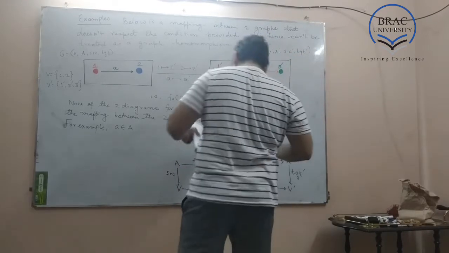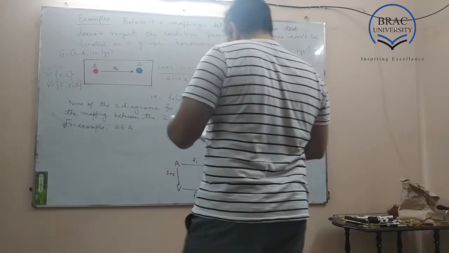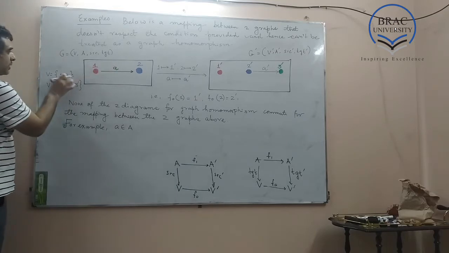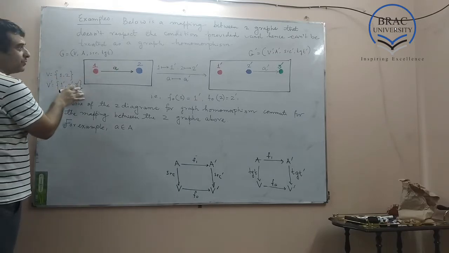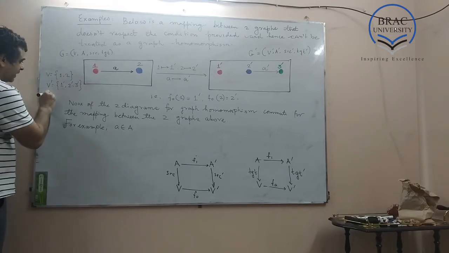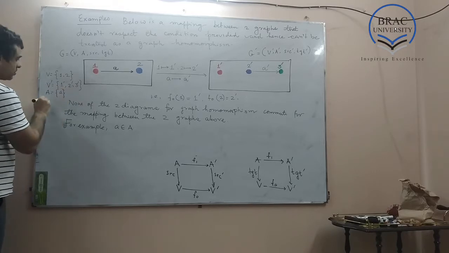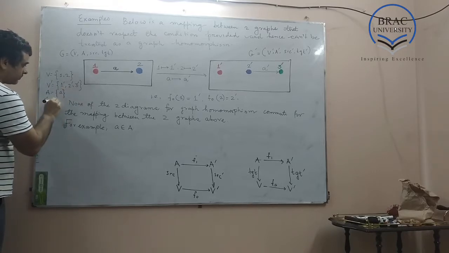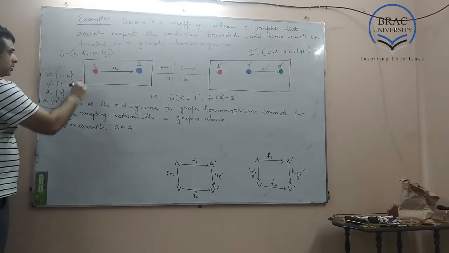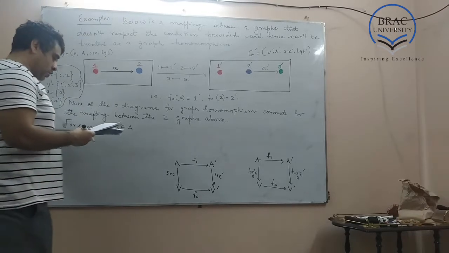Okay. What else? So V is given by 1, 2, this 2 element set, and V prime is given by this 3 element set. And what else? We have A to be equal to a singleton A, and A prime is also a singleton A prime.